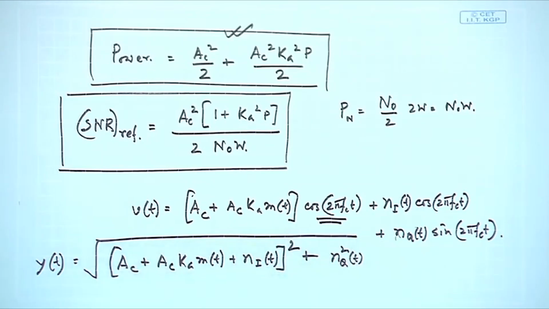That must be my overall envelope. Now, we will insert something, because this is complex. You can see the noise, square root, all kinds of things have come. So, it is no longer a very nice linear thing like we could see for the DSBSC. It is going to be harder to analyze.